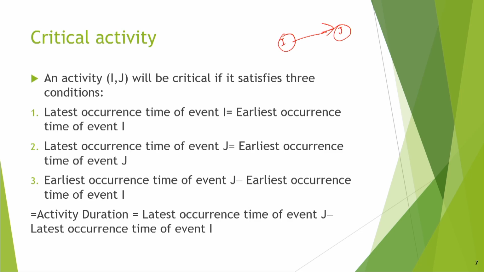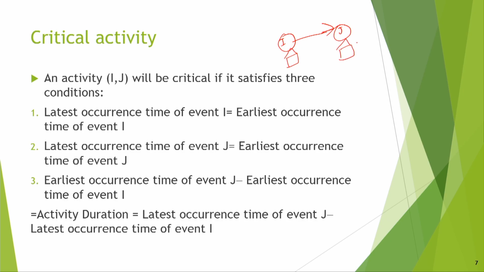What are the 3 conditions? The latest occurrence time of event i is equal to the earliest occurrence time of event i, and the latest occurrence time of event j is equal to the earliest occurrence time of event j. So, that means earliest and latest will be the same.